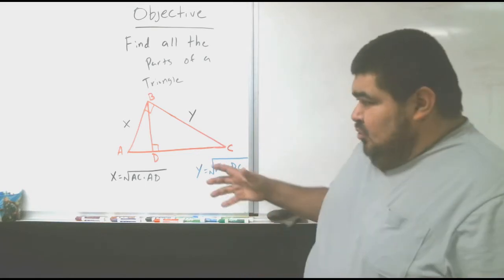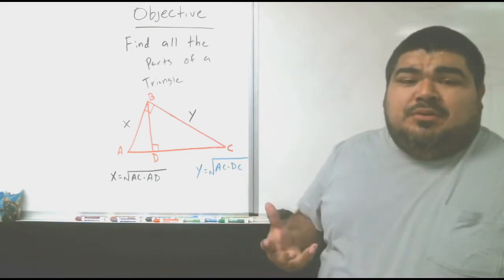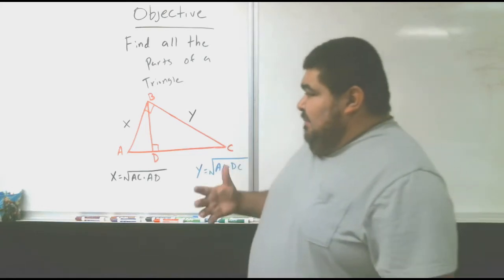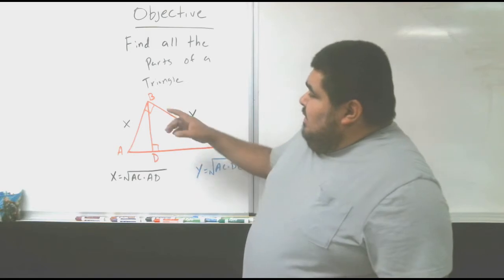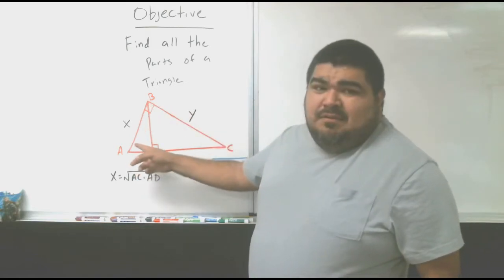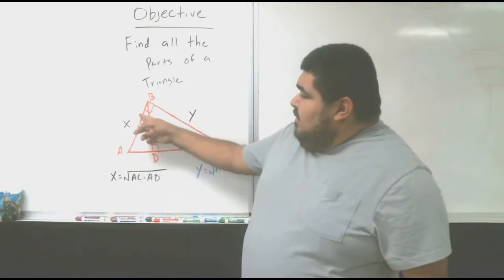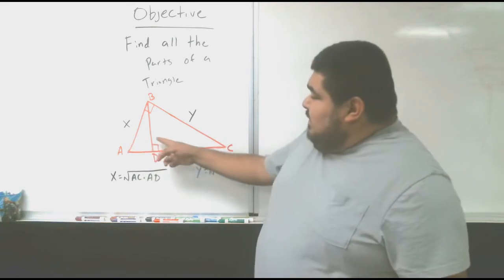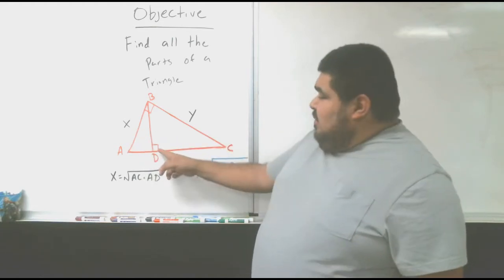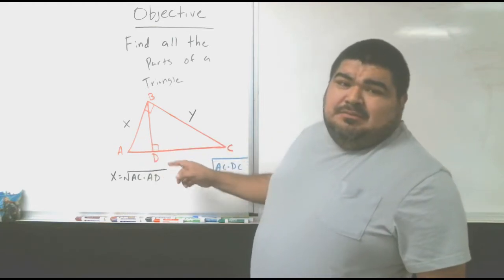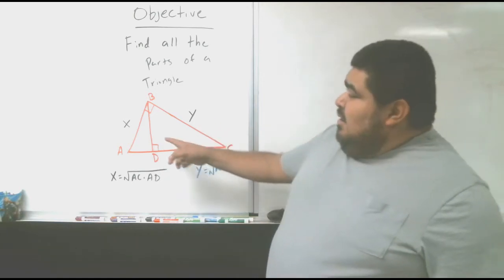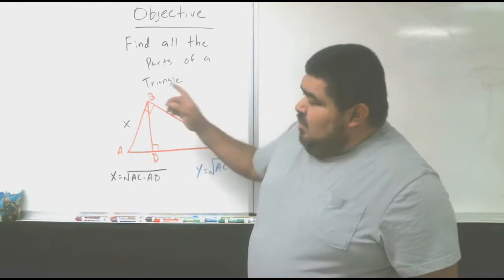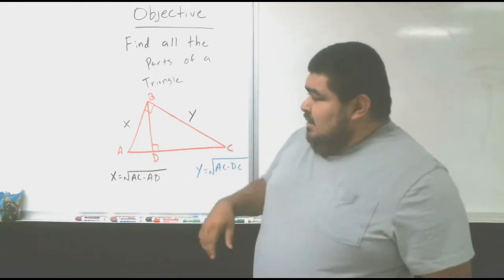I will show you the different steps on the board in a minute, but keep in mind, whenever you're solving for a side of a triangle, for example X, notice that the triangle is smaller. We have the right triangle on the bigger side. When we're solving for X, we have to take this into account.